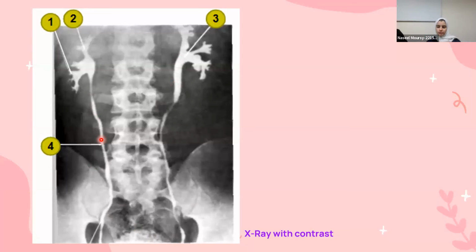What about number four? This one's easy. What is it? Ureter. Now, something about these images is that, let's say there's a stone stuck here. Would you see contrast flowing down past that point? No. So that's something to know: this is where you can locate the stone. That's another clinical significance.